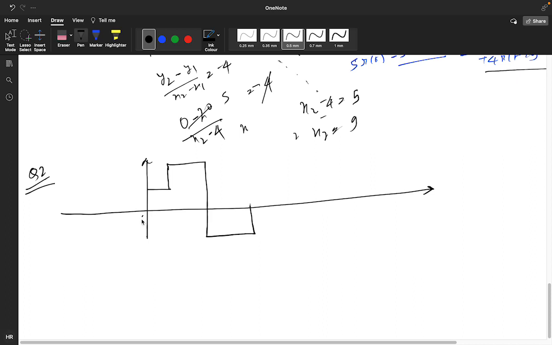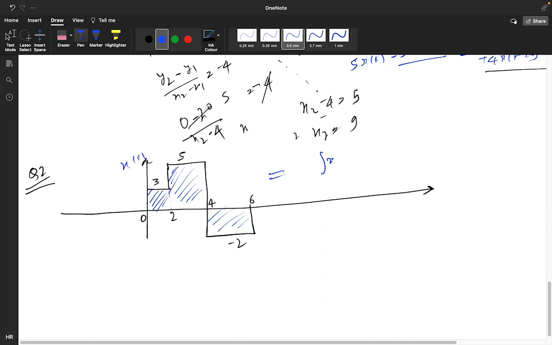So this is 0, this is 2, this is 4, this is 6, this is 3, this is 5, this is -2. So this is your particular area. This is your x of t.